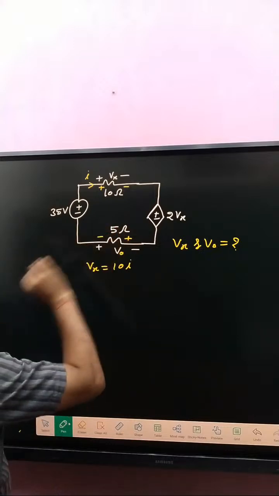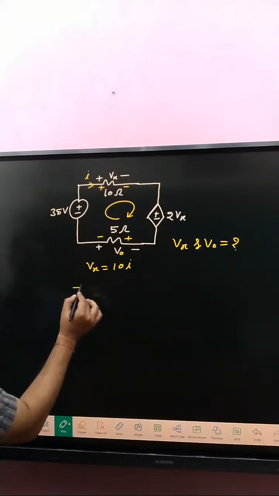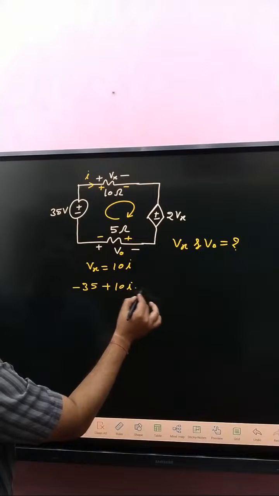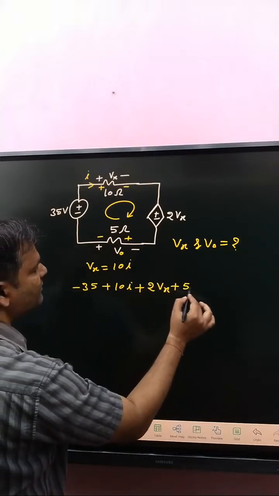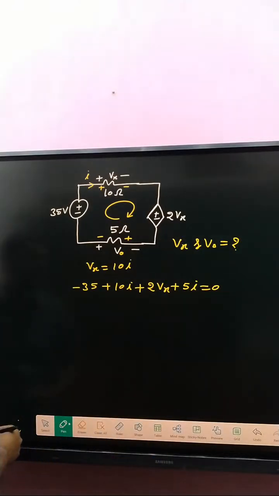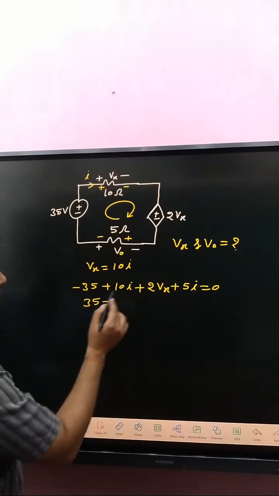After that, apply KVL in this loop. Minus 35 plus 10 into I plus 2 Vx plus 5 into I is equal to 0. Okay. So 35 is equal to how much?